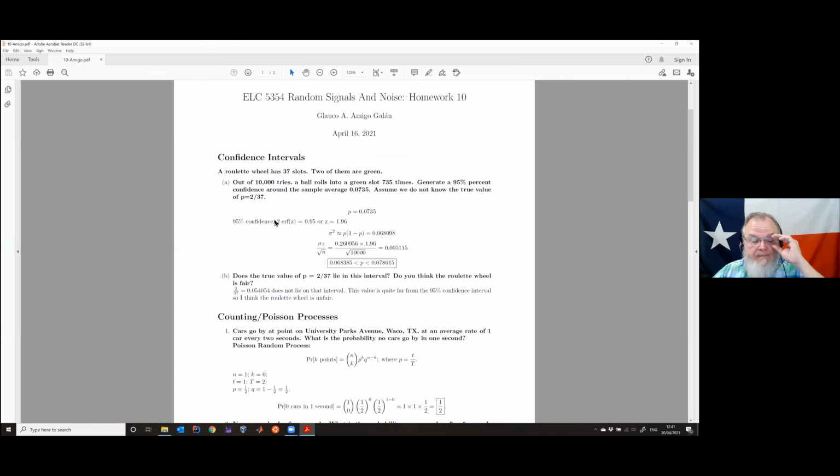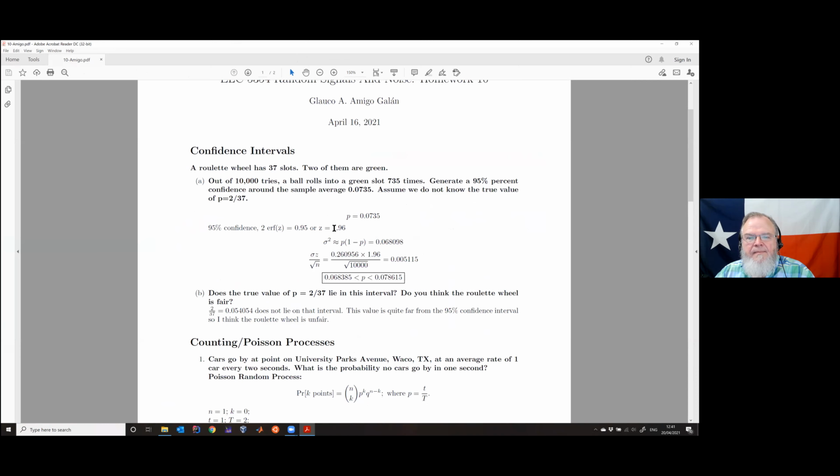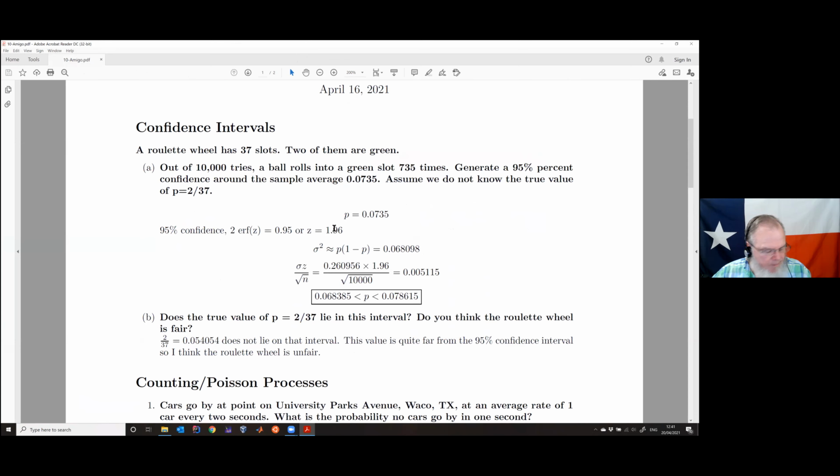As it is repeated many times, we can assume that it's Gaussian because it's a lot of repetition, so it converges to a Gaussian. Following the slides, I generate the confidence interval with this formula. This is the number you have to add to the probability and subtract.